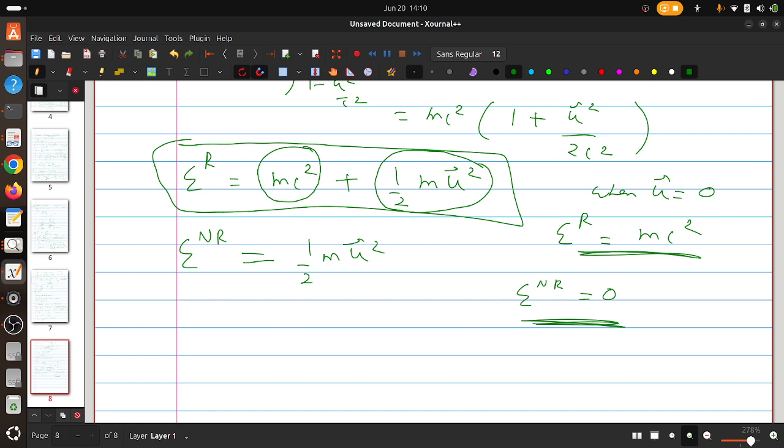How do we explain this result? The idea of Einstein was about the particle that is still. So you have to think about the energy-mass interconversion. He said that the way you can think about it is, if you have a mass m that is sitting quietly, then due to the presence of this mass, it has some energy.